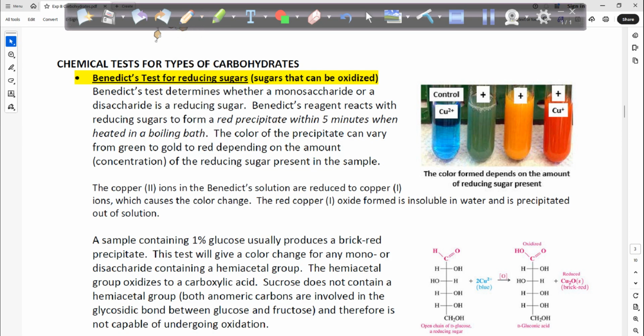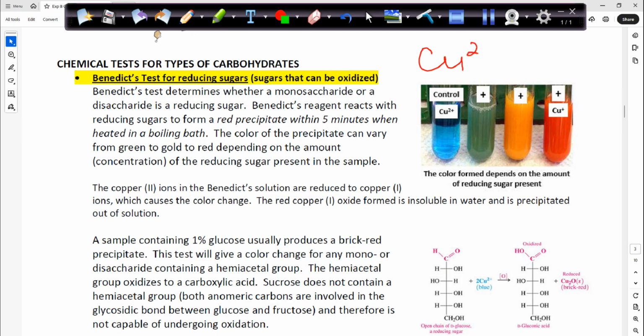The first reaction is that copper 2 will be reduced to copper 1. That's a reduction. The sugar, or whatever you have here, will be going to carboxylic acid.